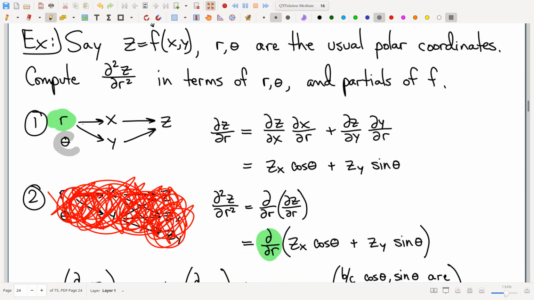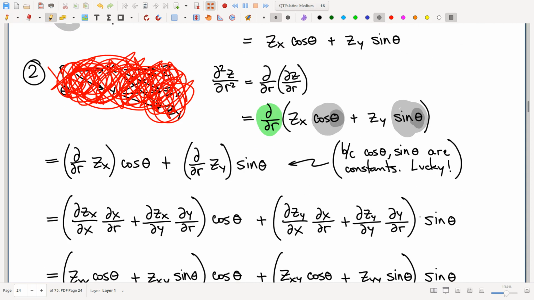I can see the diagram's helping me to remember what different roles, what different variables are playing. And here's the thing: if theta is a constant, then cosine theta is a constant, and likewise sine theta is a constant, and constants, I can factor out those constants right out of the thing I'm taking the r partial of, and so that simplifies things. So that was a lucky break. By the way, you won't always get that lucky.